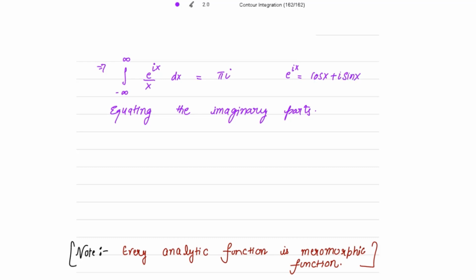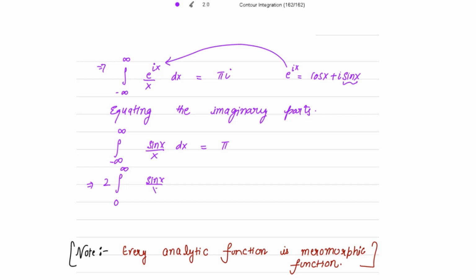If you put this value here and now equate the imaginary parts, you get sine x. So minus infinity to infinity, I am having sine of x over x dx is equal to pi. And because this sine x over x is an even function, the integration will change to 0 to infinity twice.